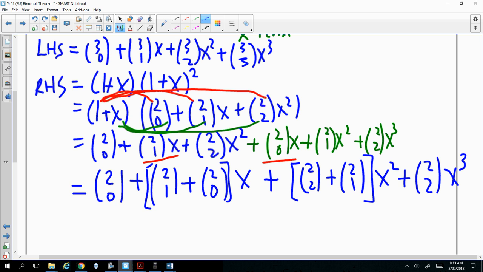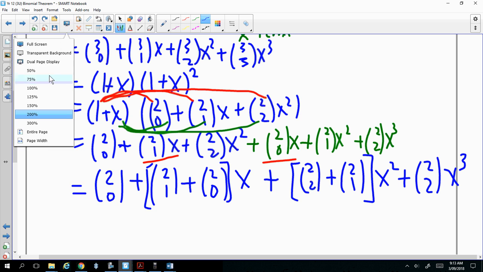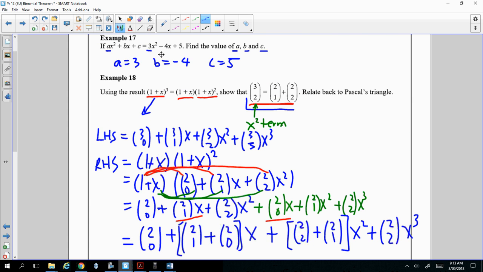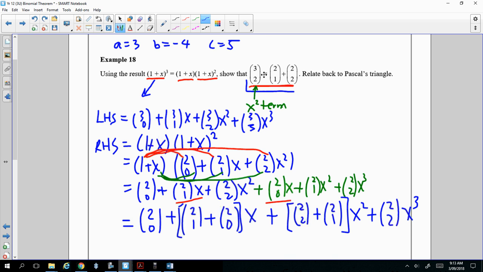Now, what's the purpose of this? I could match coefficients of both sides, just like we did with example 17: the coefficients of both sides must be equal. So if I compare the coefficient of x squared and the coefficient of x squared, they must be equal. That's how we get this formula, right?